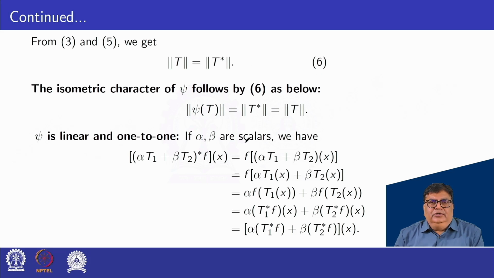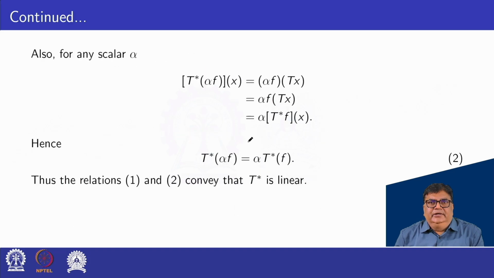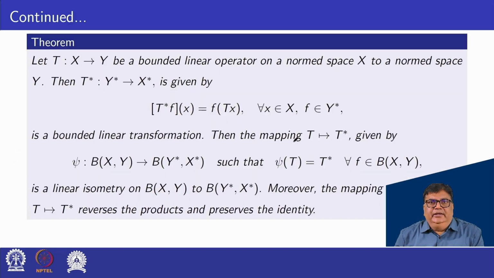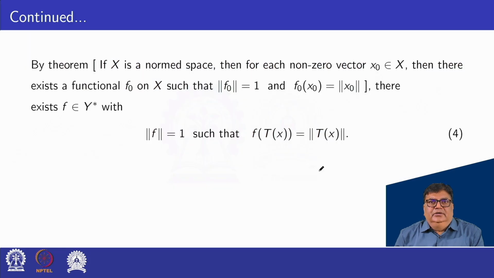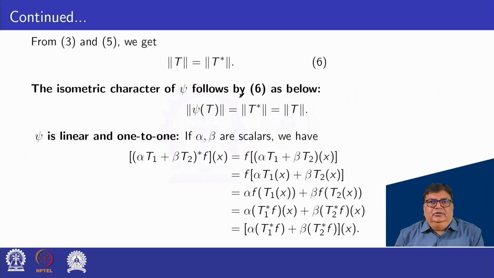In the statement here, psi T is equal to T star. So norm of psi T is equal to norm of T star, and norm of T star is norm of T. That is, norm of psi T is equal to norm of T star equal to norm of T. So this is the isometric character.